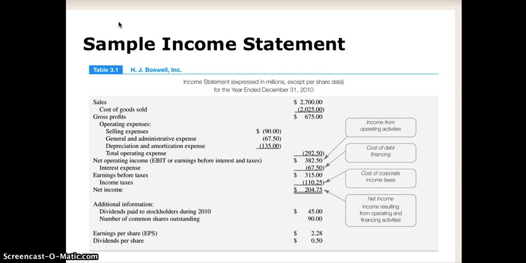Because if Boswell Incorporated has a 25% gross profit margin and its competitors, or the industry average for their industry, are gross profit margins of 55%, well, that's a horrible gross profit margin, 25%. On the other hand, if they have a gross profit margin of 25% and the industry average is 18%, well, that's a really good gross profit margin.